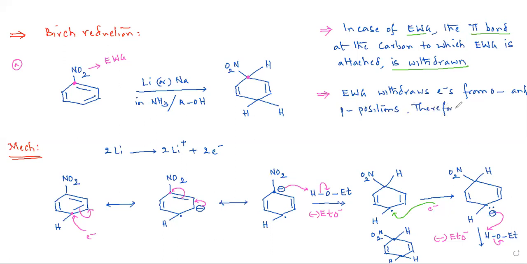Therefore, the electron attacks, electron, not the electrophile, the electron attacks at ortho and para positions. So this is about Birch reduction when you have a withdrawing group on a benzene ring.